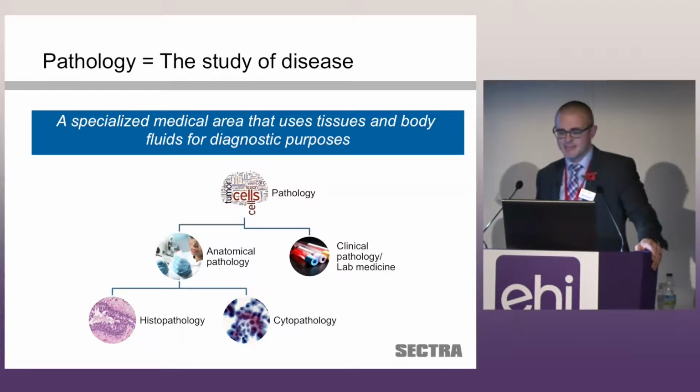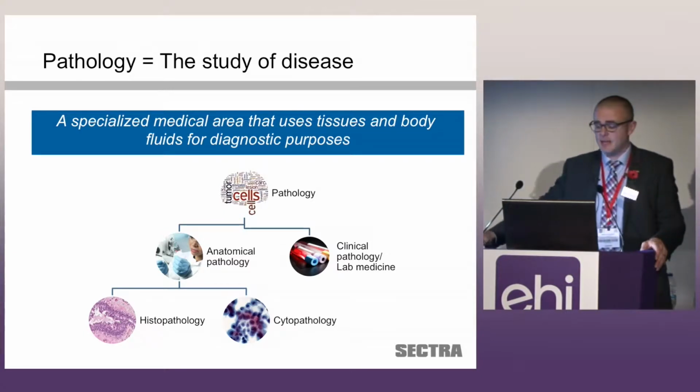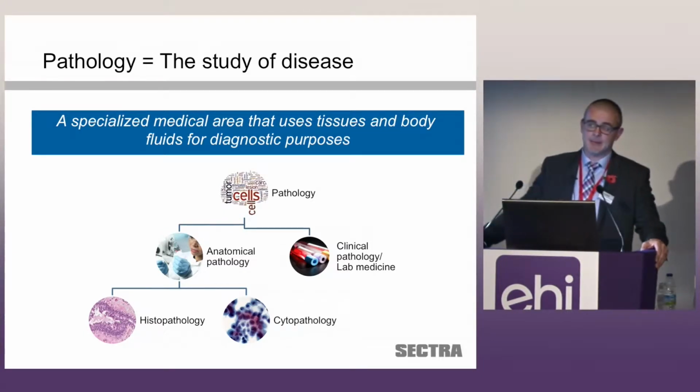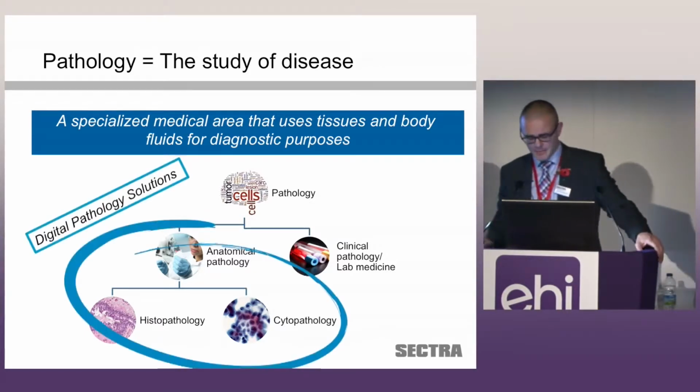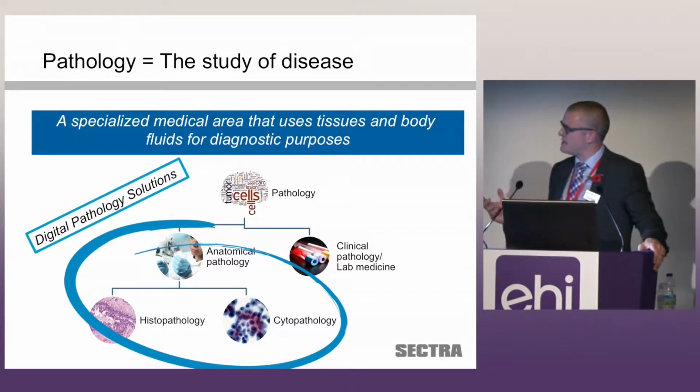Clinical pathology describes the diagnosis of disease based on analysis of body tissues using the tools of chemistry, microbiology, hematology, molecular pathology. Not really the space of medical imaging per se. Anatomical pathology, on the other hand, relies heavily on those diagnostic aspects performed by a microscope and a human being, ultimately the pathologist. And this really is where the suite of digital pathology solutions really come into their own and really add value to that care pathway.